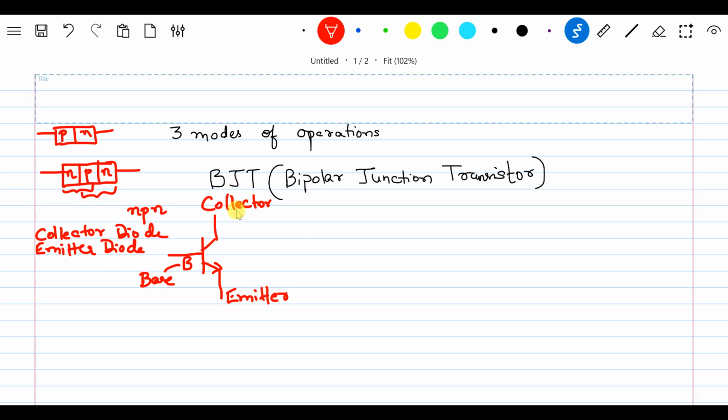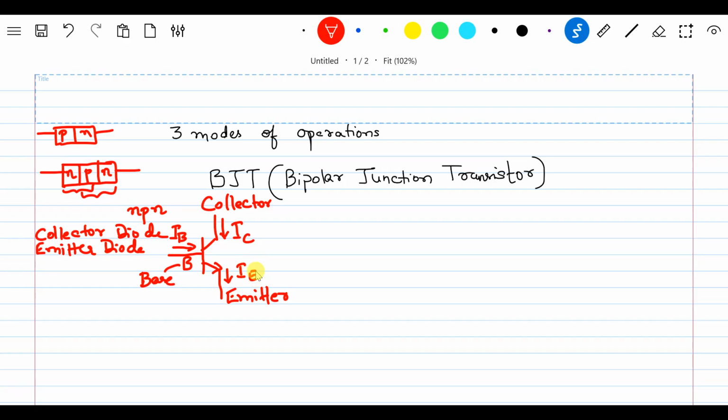As we have three terminals here, we are also marking three currents. One is the collector current IC, the other one is the base current IB, and the third one is the emitter current IE.